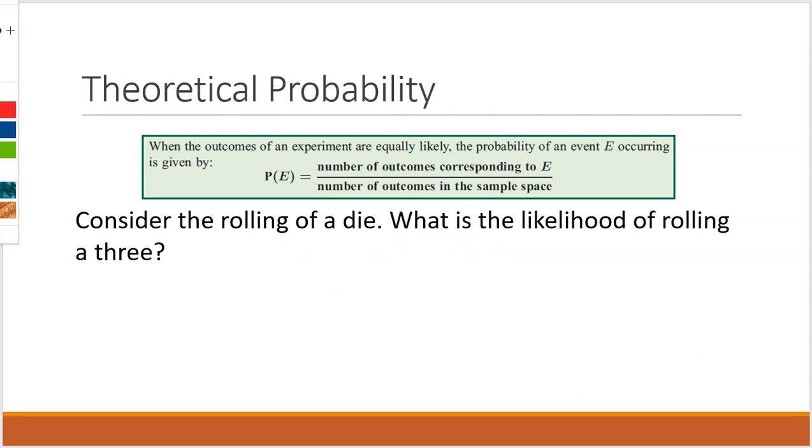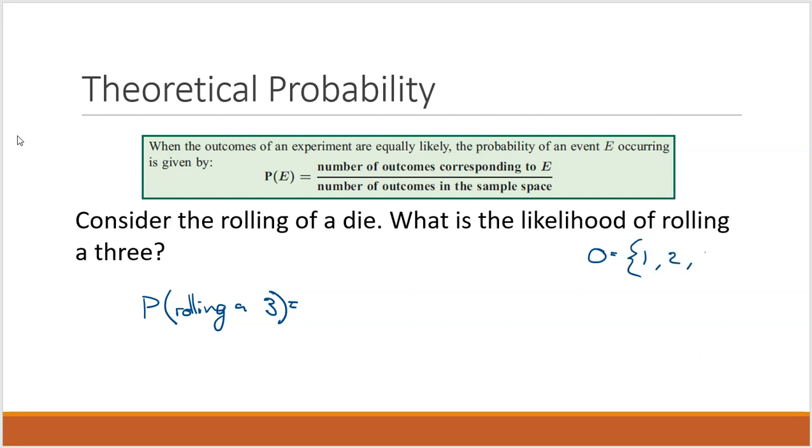So we could rewrite this as probability of rolling a 3 equals number of outcomes corresponding to E. So let's write O equals 1, 2, 3, 4, 5, 6.